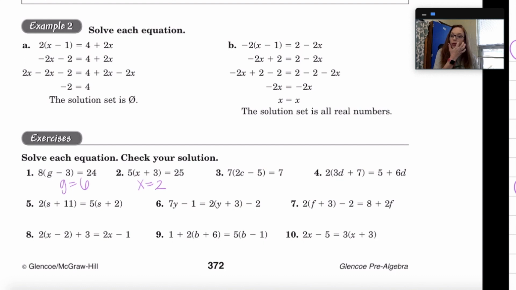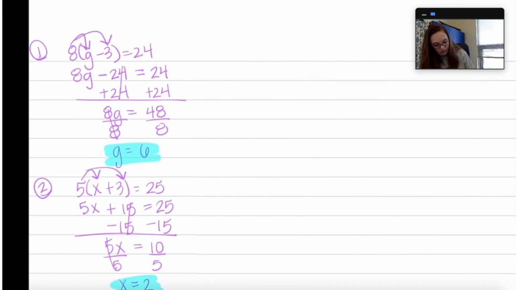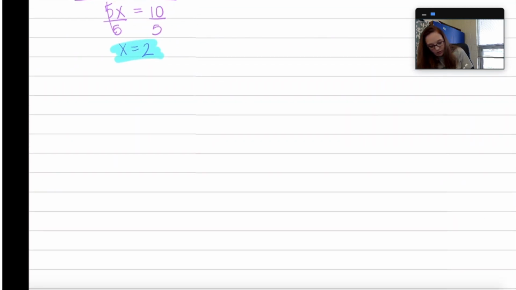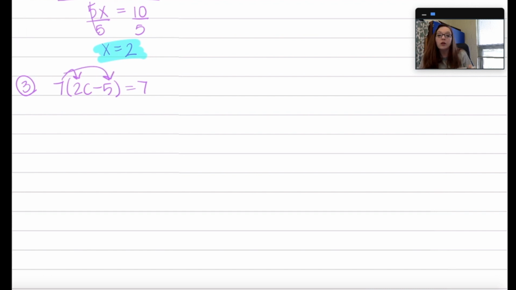Let's try number 3. 7 times the difference between 2c and 5 equals 7. That's number 3. So 7 times 2c is going to be 14c. And 7 times negative 5 is negative 35, so minus 35 equals 7.